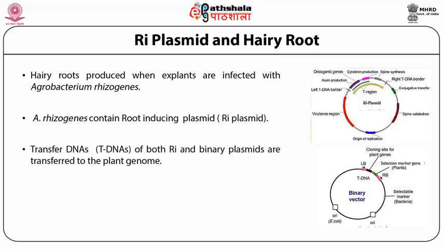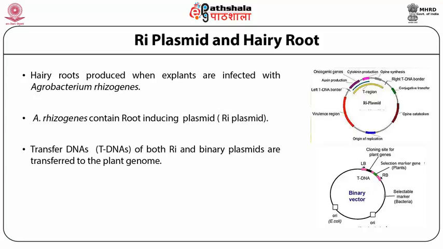The tDNA from the Ri plasmid induces hairy roots because it has genes for cytokinin production, auxin production, oncogenes, as well as opine synthesis for use by the Agrobacterium rhizogenes.